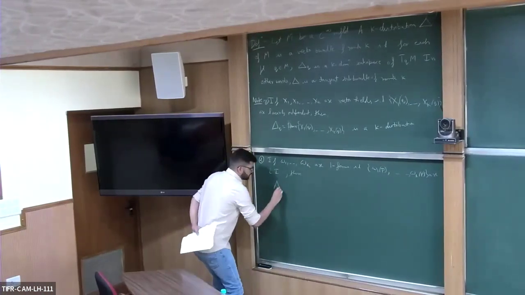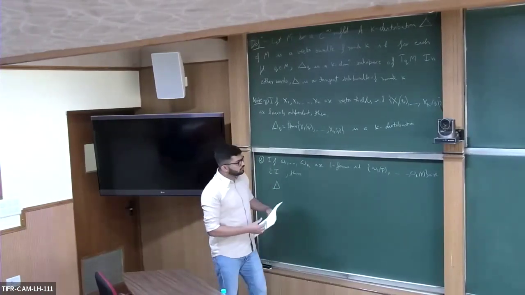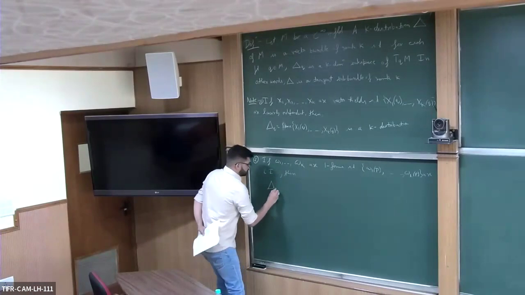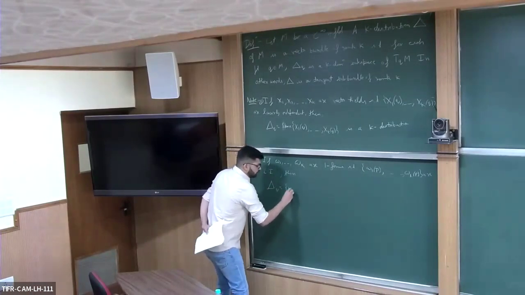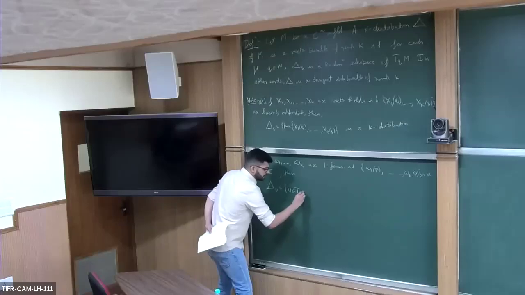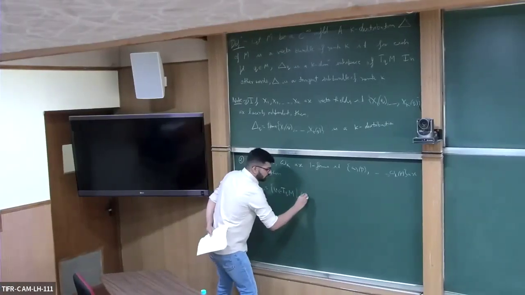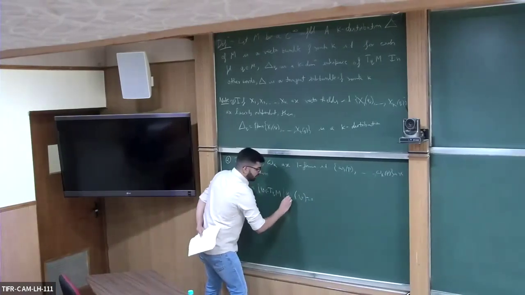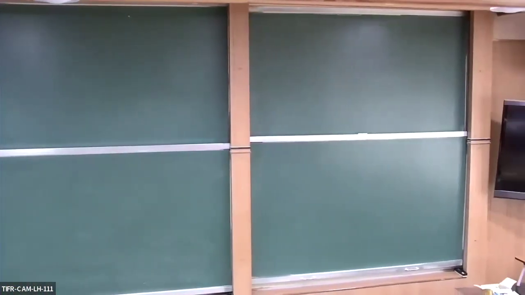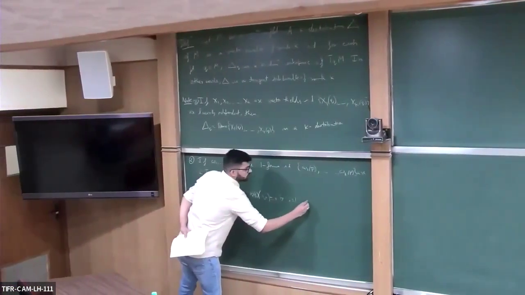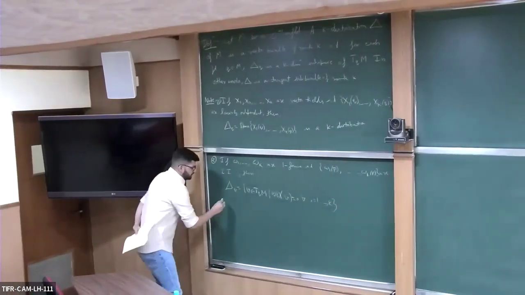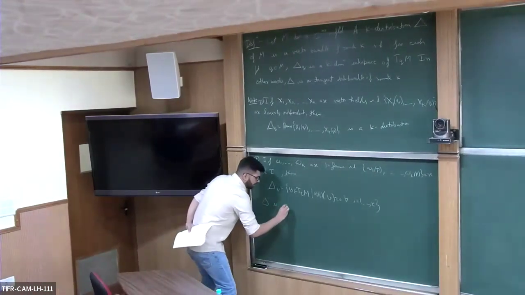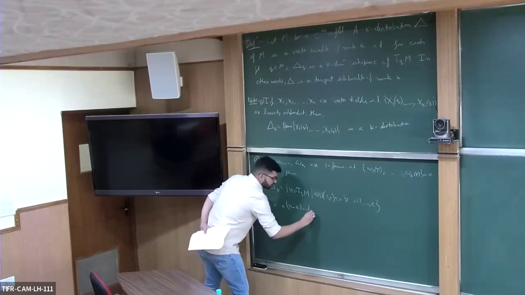Then this subspace, given by the intersection of the kernels of these one forms, which I denote by delta, is the set of vectors in the tangent space at the point q such that omega i applied to the vector is 0, for i from 1 to k. This delta is actually an n minus k distribution.